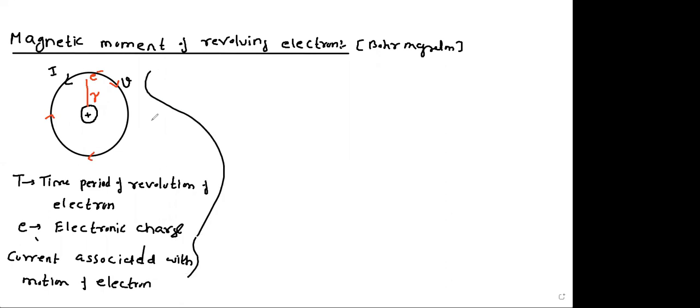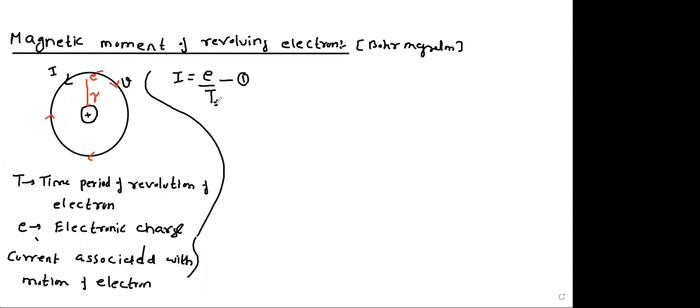If you have charge and time period, how much is the current? Current is charge upon time. It's I is e by T. That's equation 1. So due to the motion of this electron, the system will have current, which is charge upon time.